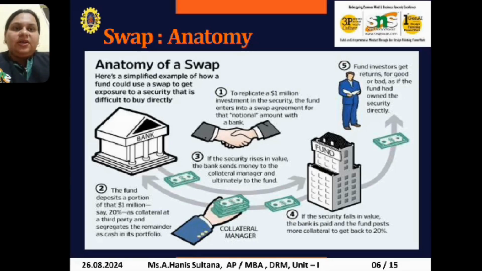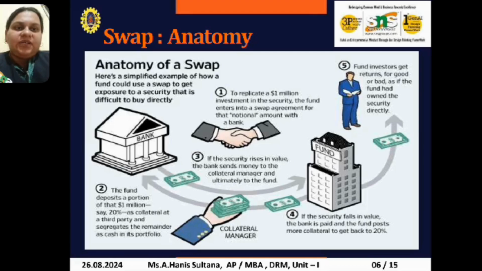So here, to replicate the 1 million investment in the security, the fund enters into a swap agreement for the notional amount with the bank. Next, the fund deposits a portion of the $1 million, say 20%, as collateral at a third party and segregates the remainder as cash in its portfolio.